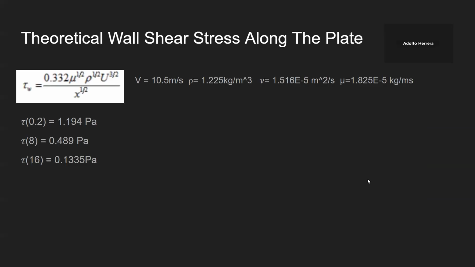So if we move on to the theoretical calculations, using these parameters, these three are gathered from assuming that the air temperature is at 15 degrees. Using the analytical expression from the Blasius slides, the wall shear stresses were these for every one of the locations that we are interested in.